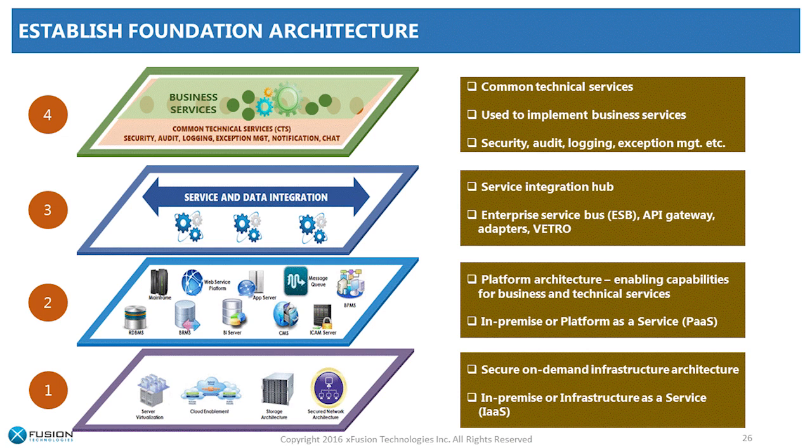The second thing is your platform architecture. Everything that runs on your infrastructure on the operating system level, which is your web application server, your middleware, your enterprise service, rules engine, content management system, anything and everything that runs, right? Whether you want to buy those licenses or you want to use platform as a service. You want to use Microsoft SharePoint from Office 365, or you want to have all your own deployment inside, right?